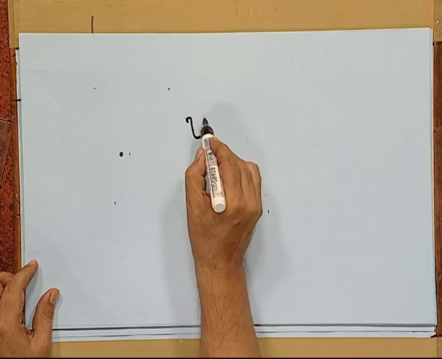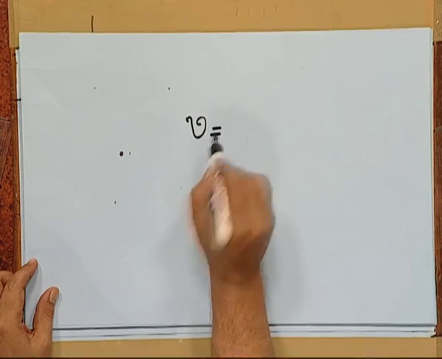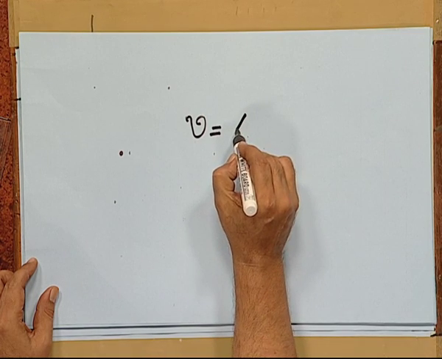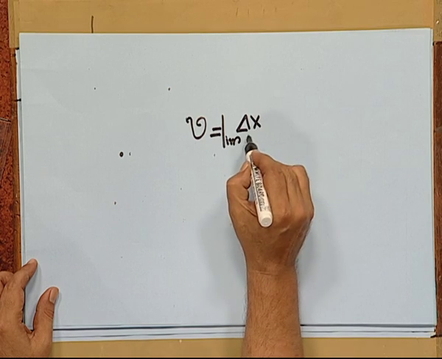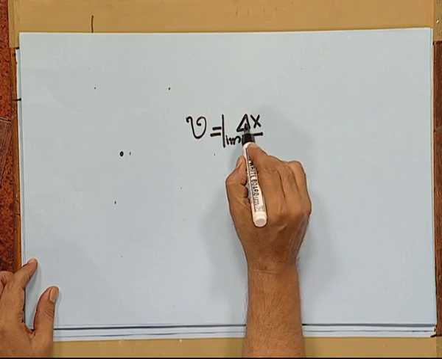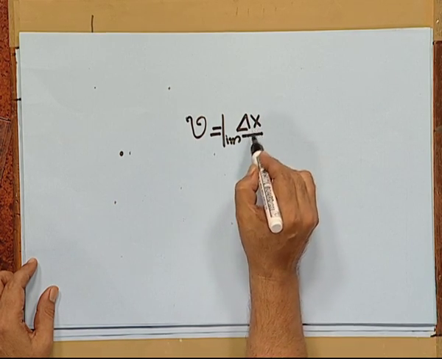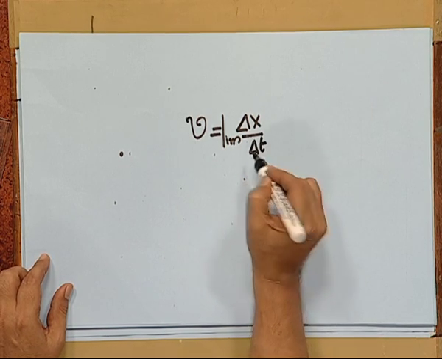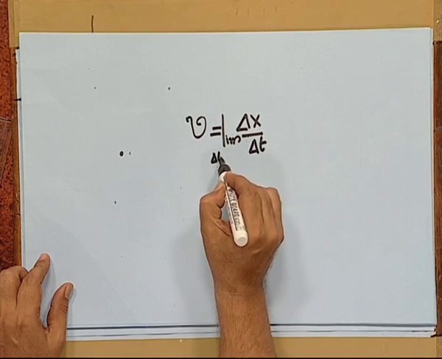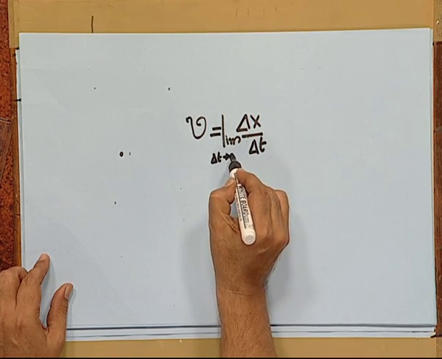When we say instantaneous velocity, we write it as V is the limit of the change in position coordinate, which we have called delta x, which is nothing but displacement per unit time when the time interval is very, very small.